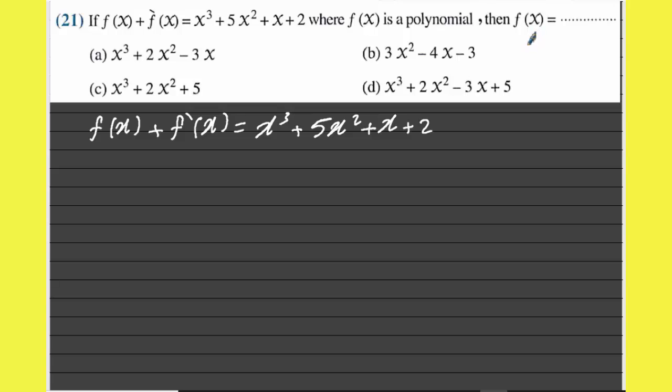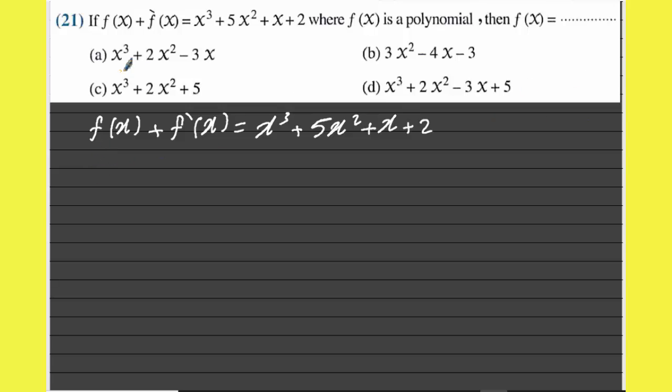What is the value of f of x? F of x equals one of these. Let us try each one of these, and we deduce the sum of f of x and f dash of x.